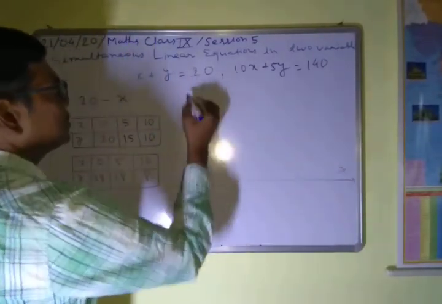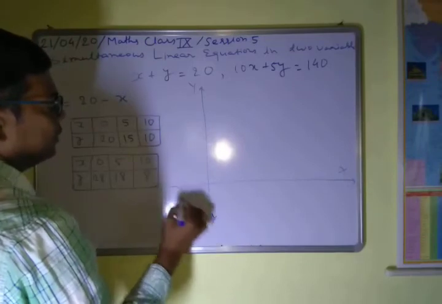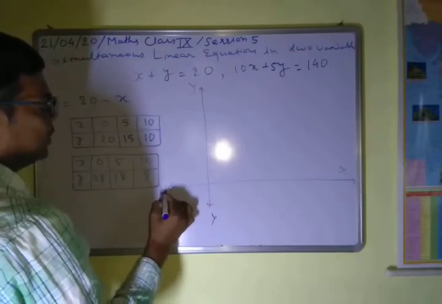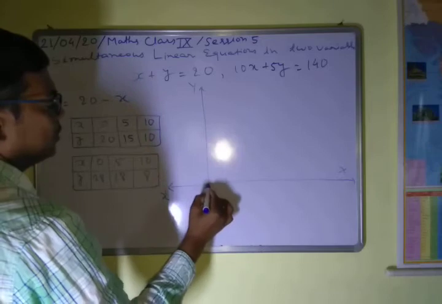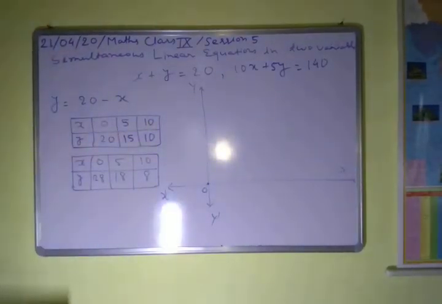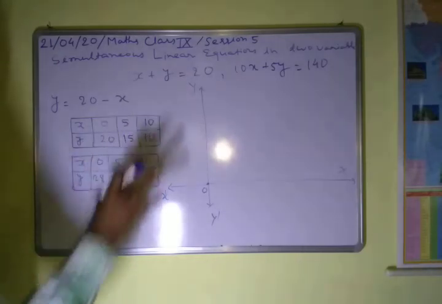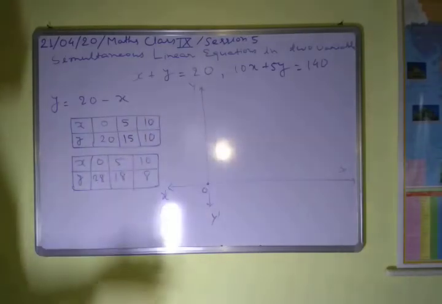Then you will draw the graph. This is the x-axis, this is the y-axis, this is negative x, negative y, and this is called the origin. Actually the numbers are very large, so we have to choose a scale so that we can fit all these numbers in the graph paper, because in a graph paper the squares are very small.